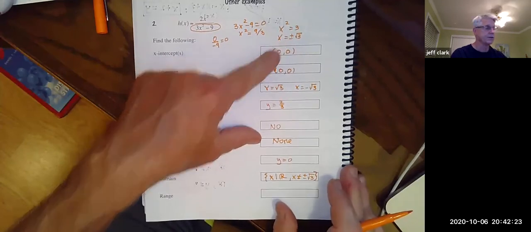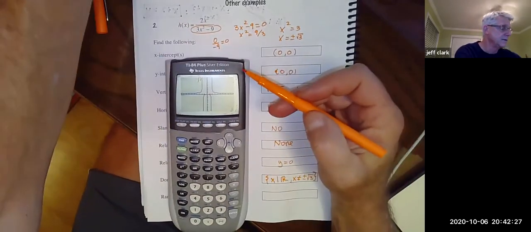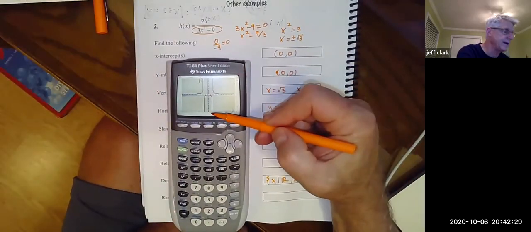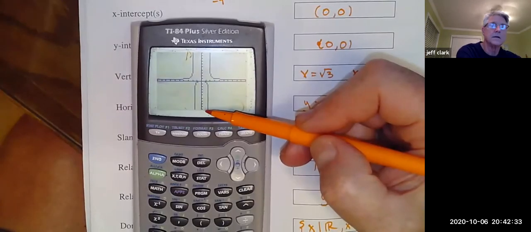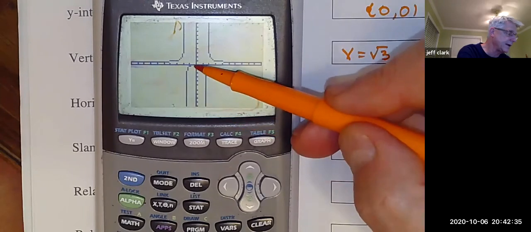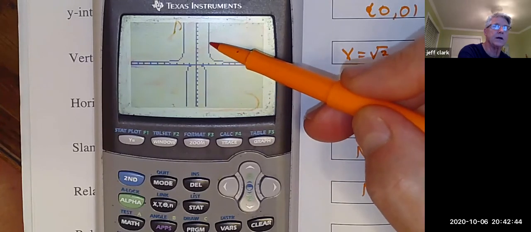And now the range. The range is low to high. So range, negative infinity up to here, which looks like it's a 0. And then you pick back up here at 0, and then you continue on forever.